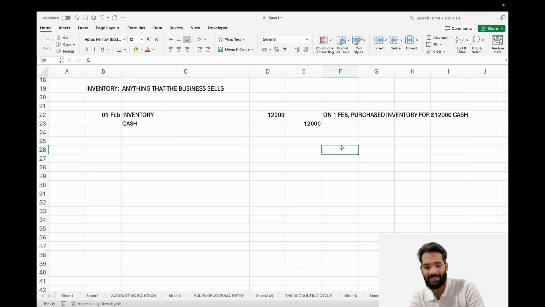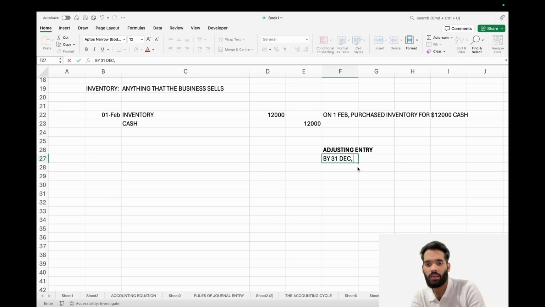However, at the end of the year, you might be given this information. If you record the adjusted entries, you will be given this information. By 31st December, inventory, let's say worth $4,000 remained in stock.